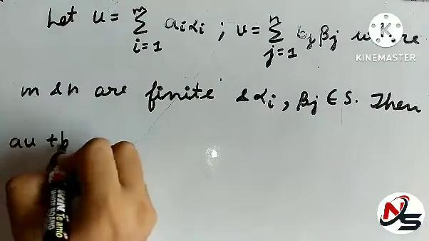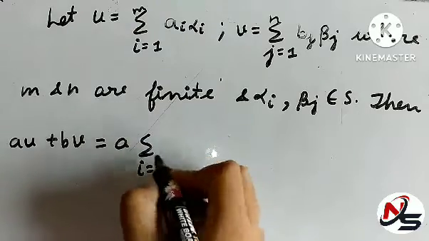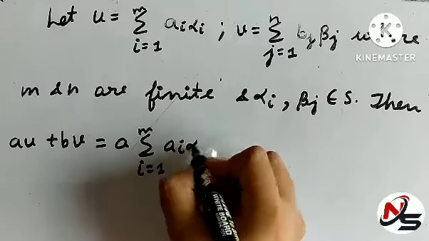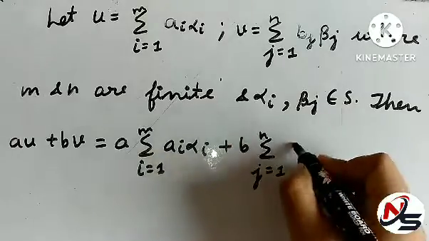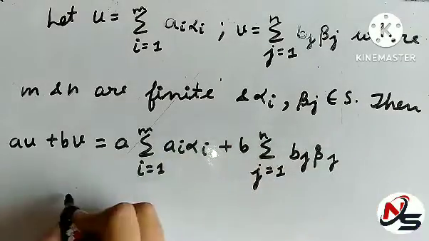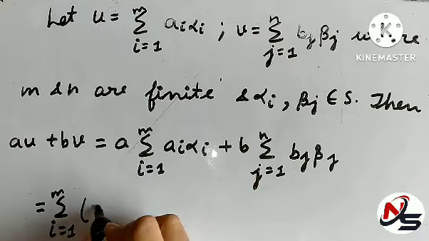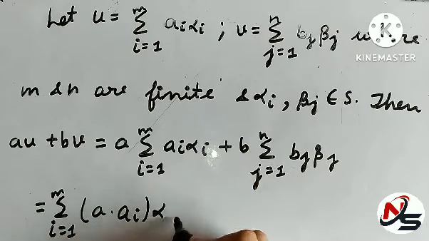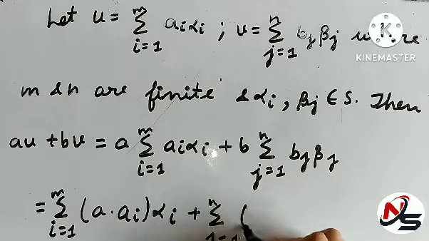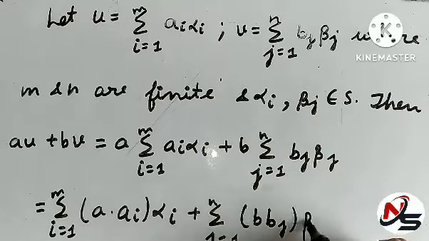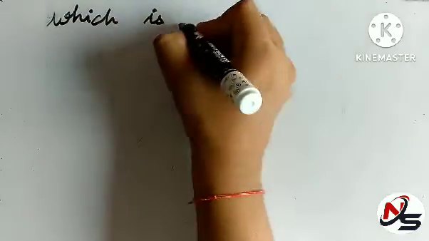au plus bv equal to a summation i equal to 1 to m a_i alpha_i plus b summation j equal to 1 to n b_j beta_j, equal to summation i equal to 1 to m a a_i alpha_i plus summation j equal to 1 to n b b_j beta_j, which is an LC.